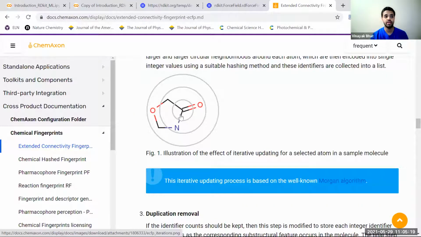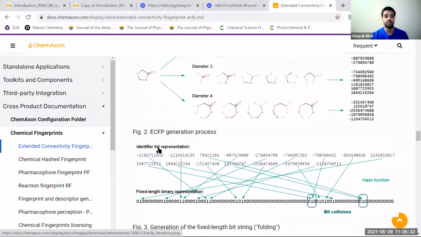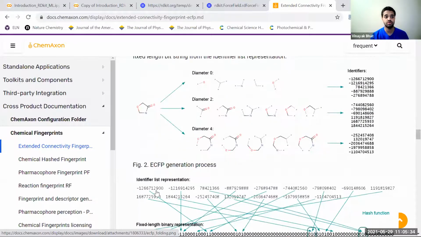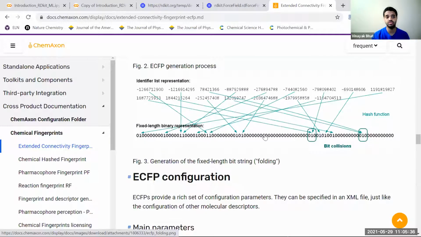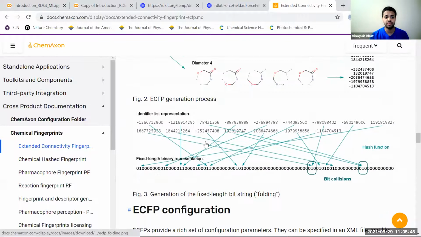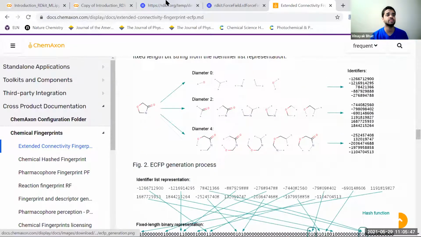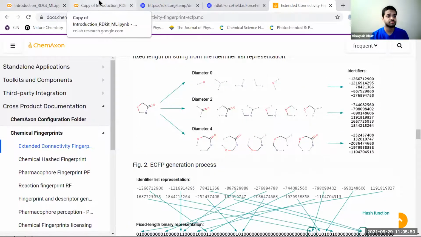So it'll be adding zeros and ones, and this is the radius, which we have set at 2. So it'll be 2 atoms away, so 0, 1, 2 atoms away, and it'll generate a vector like this for you. It'll be a huge vector of ones and zeros, and we have limited this length to 100 right now. We can extend it and keep on extending it if you want. So this is how the generation takes place.